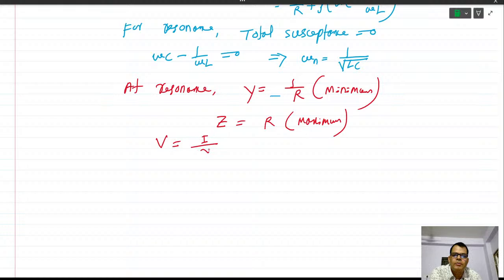I upon Y, that is I into R, and the power P max, that will be the maximum power at resonance.